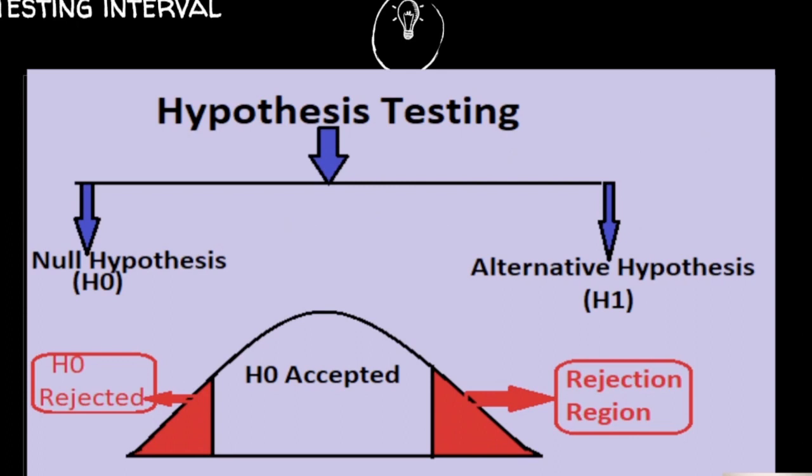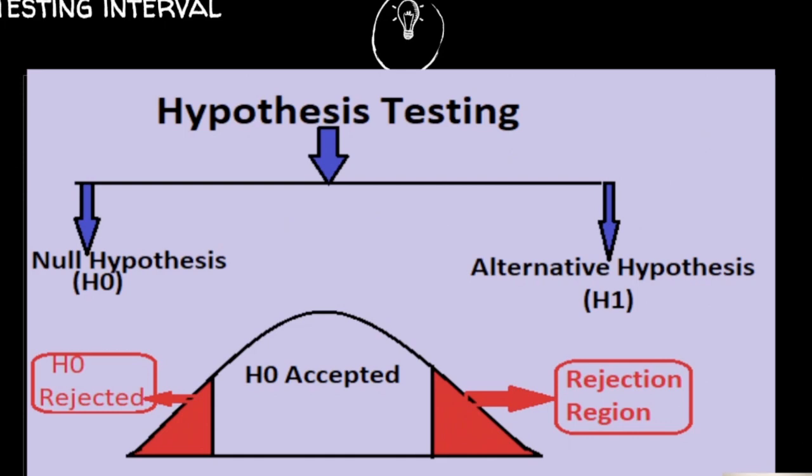Take any example where there is uncertainty. If I plot my data over a chart, I will be able to make a judgment whether this condition is coming in my favor or going out of my favor. So we have the null hypothesis.